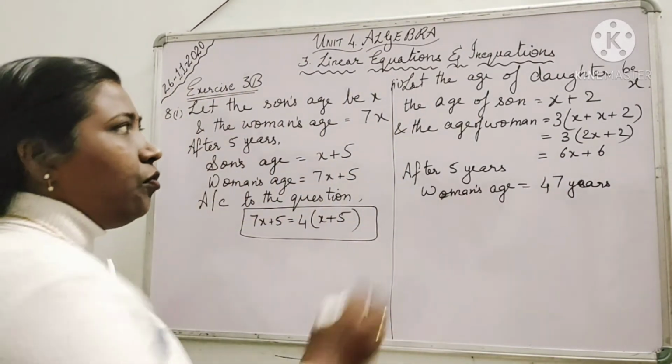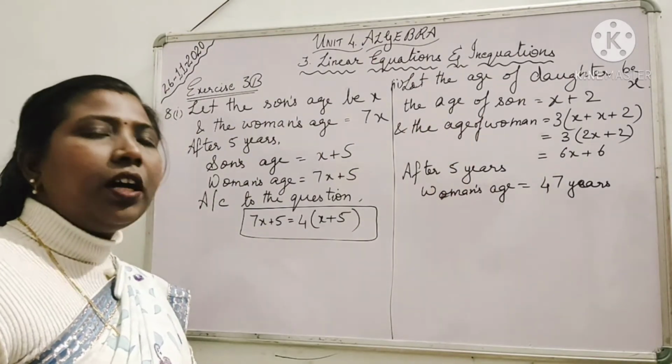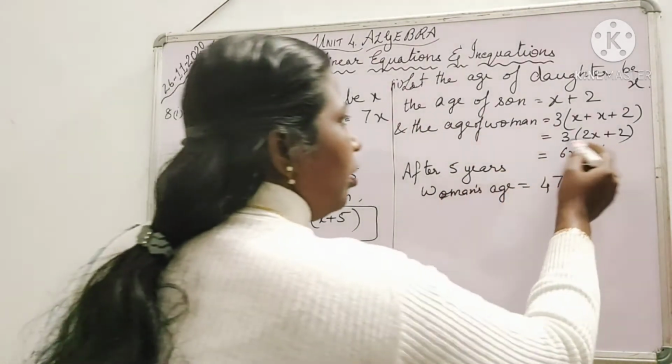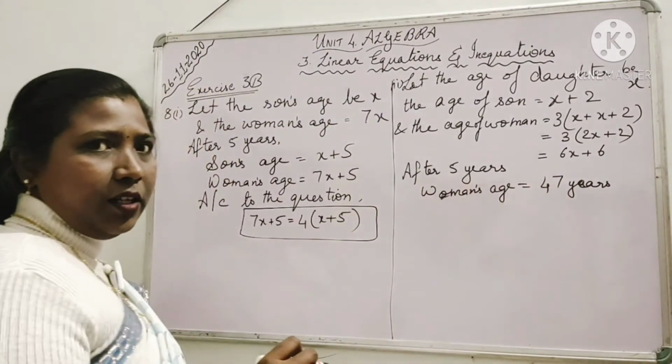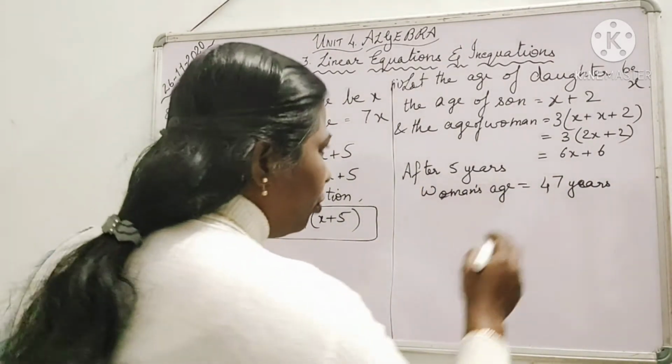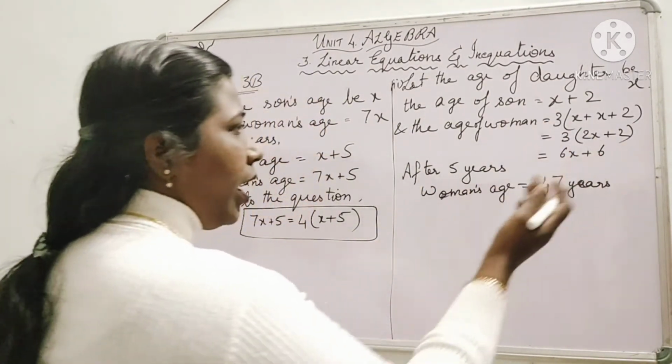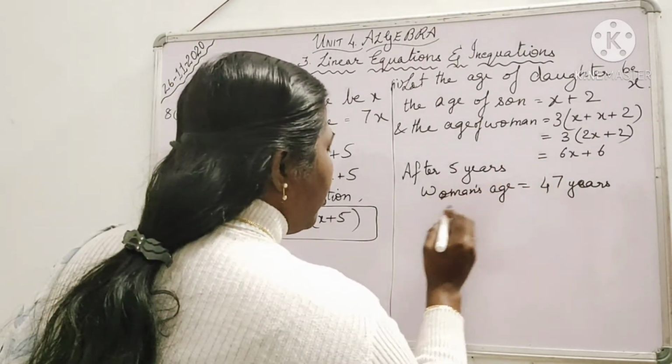In that case, I just equate the woman's age to 47 years, and with this I am going to add the 5 years.